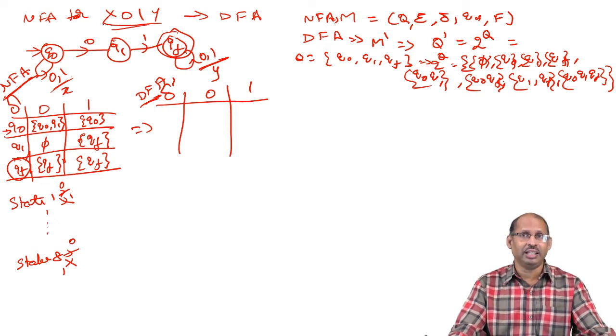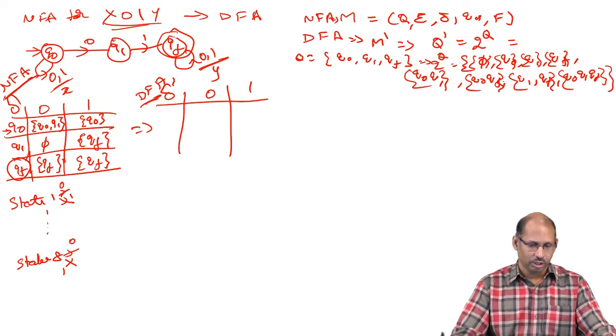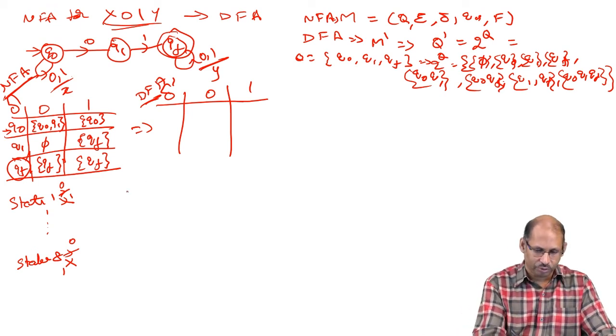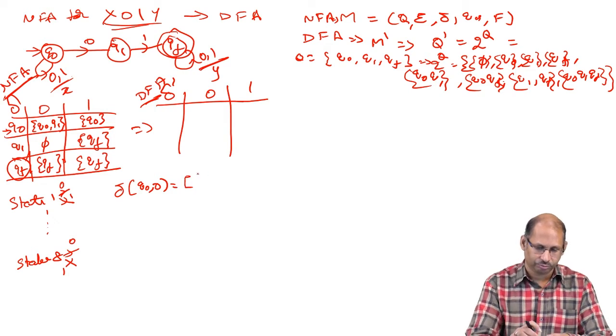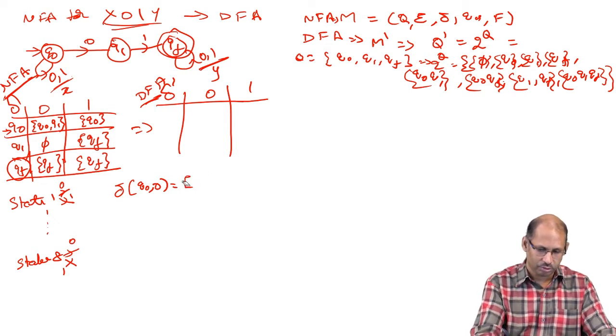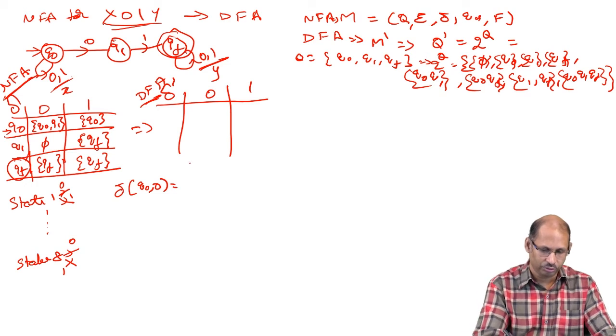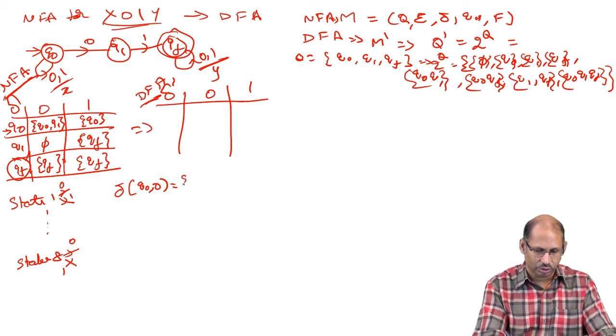So another way, we consider only the transitions which are actually in NFA, right? So in NFA, Q0 on 0 is going to the state Q0, Q1.